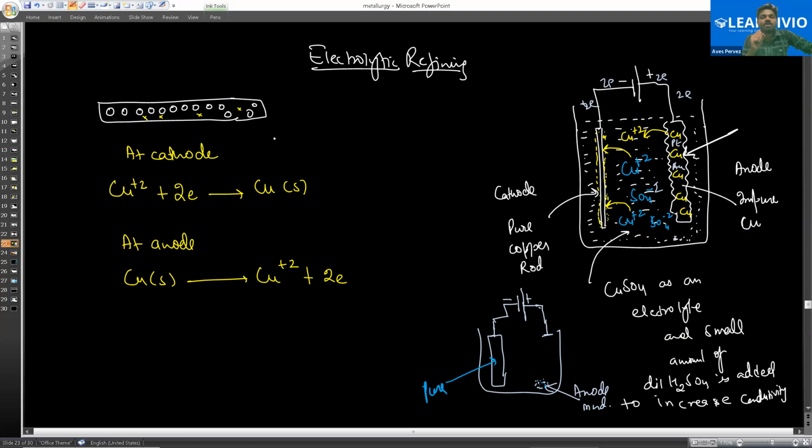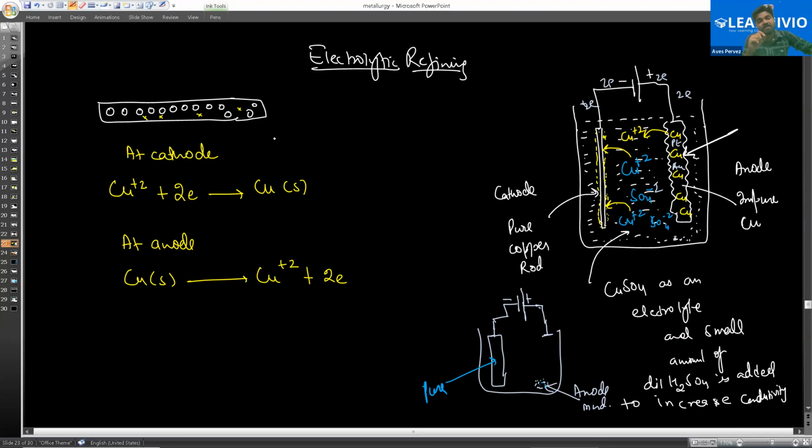So what we need to do is purify it atom-wise. For example, refining of copper means we need to check whether there are all copper atoms or not.